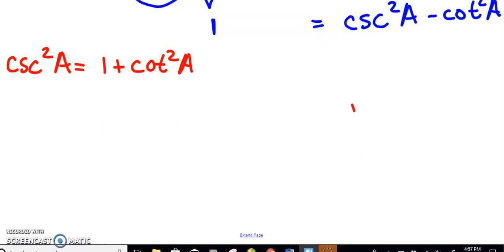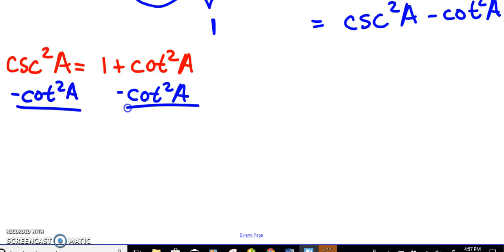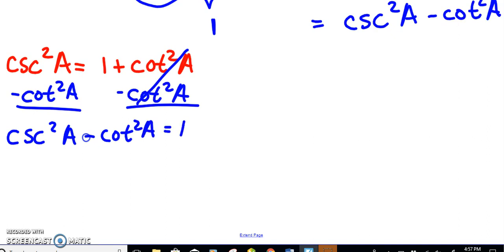We're going to subtract cotangent squared from both sides. That cancels out, so we're left with cosecant squared A minus cotangent squared A equals 1.